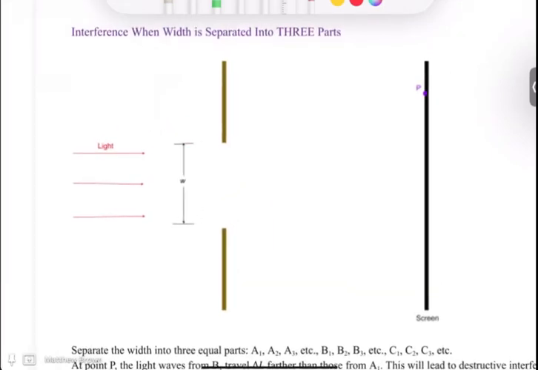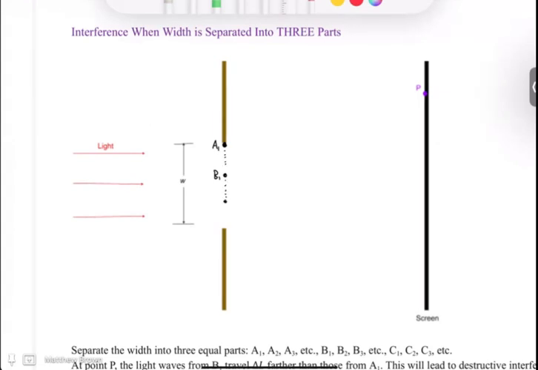So let's look at what if we do this with 3 parts? Well, we'd have to break this thing up into A1, A2, A3. So there could be A1, that's roughly a third here. That would be B1 and dot dot dot.